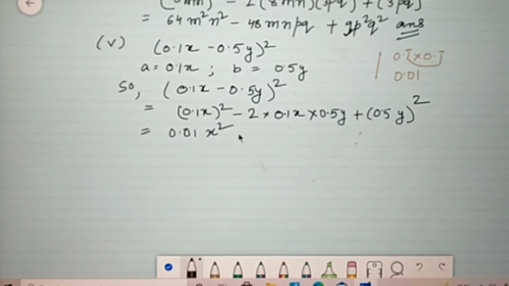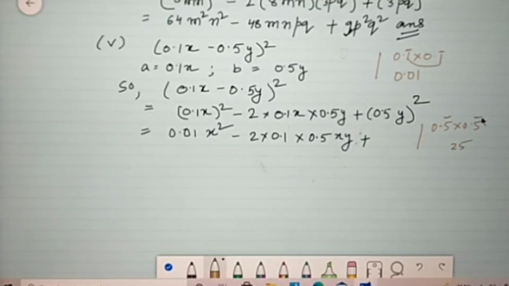Then we have 2 into 0.1 into 0.5xy, plus the square of 0.5, which is 0.25. Here we can understand 0.5 into 0.5: 5 5s are 25 and the decimal part has 2 digits, so we have 0.25. y square is y square.